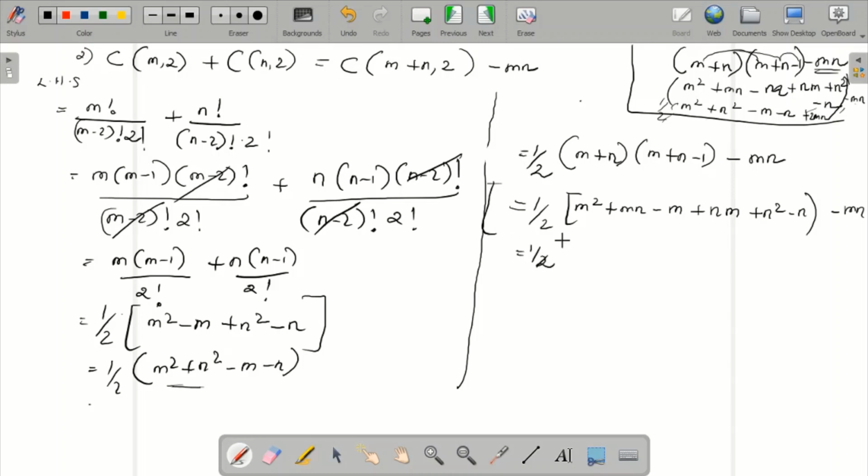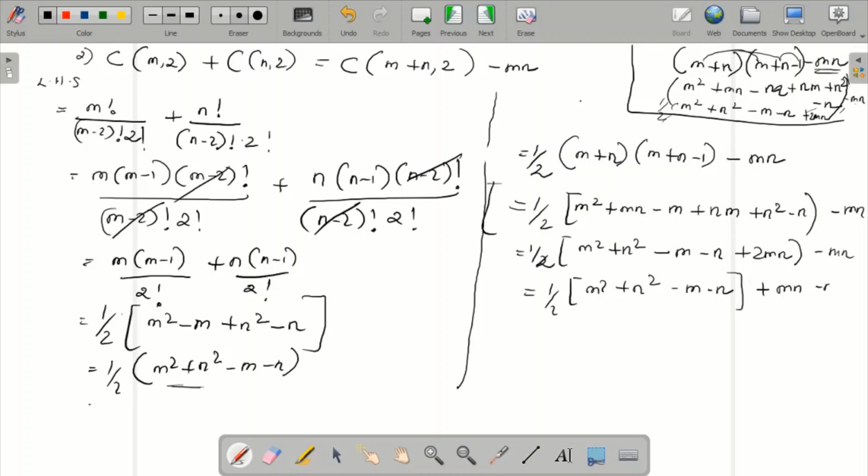Continuation is, I'm just trying to make you understand. So again you will write half. This would be m square plus n square minus m minus n plus 2mn, and minus mn is there. So I'll keep half over here, and this m square I'll write as it is, n square as it is, minus m as it is, minus n as it is, and this half I'll multiply for this.